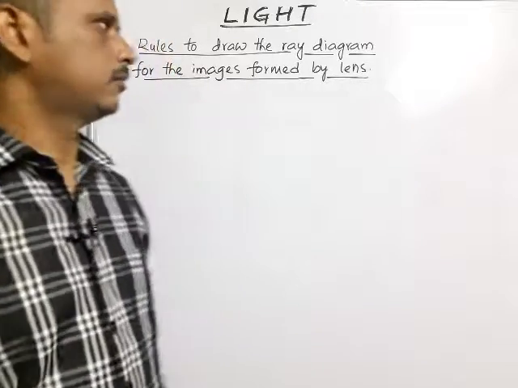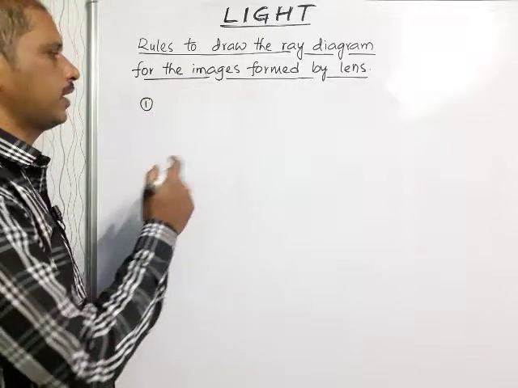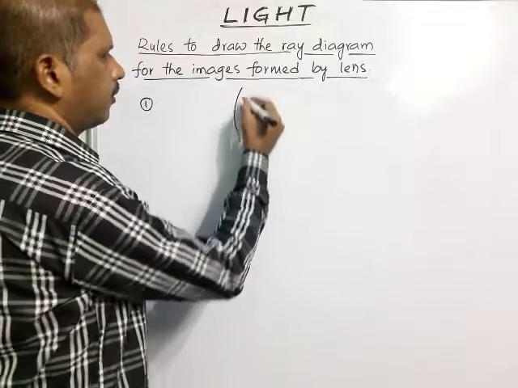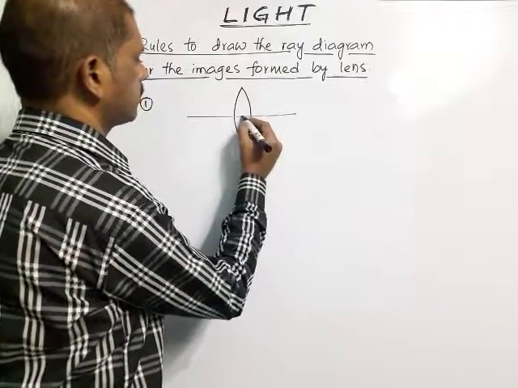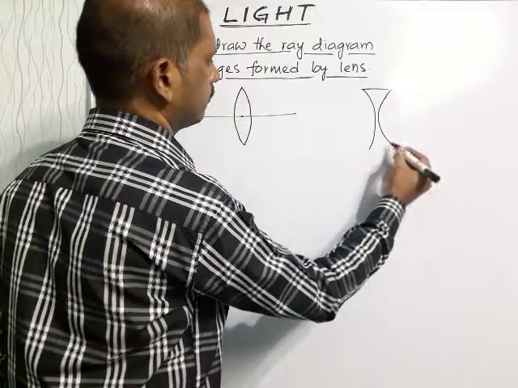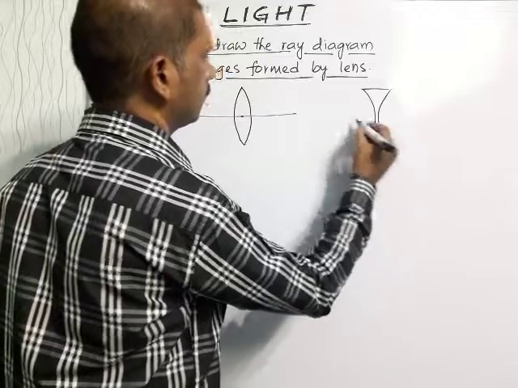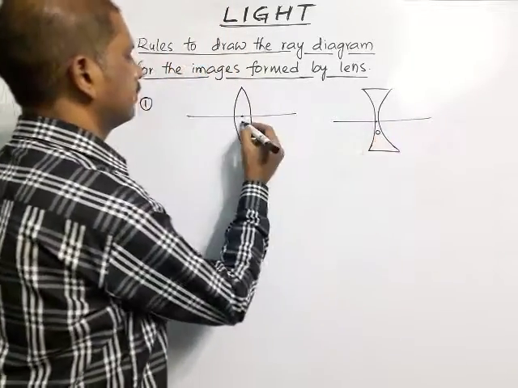Now see the first one, a light ray which is passing parallel to the principal axis. If you take a convex lens, this is a convex lens, this is the principal axis, or if you take a concave lens also, for both we can discuss the rule. This is the principal axis, this is the optical center.